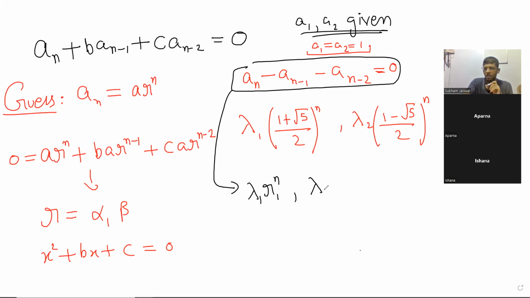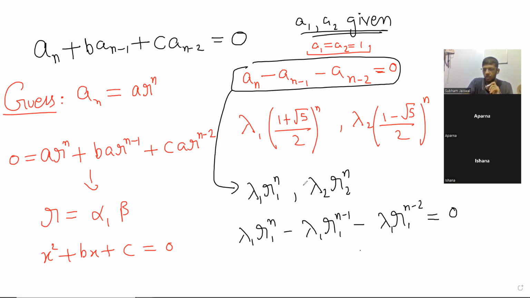And let's say there is some other solution, two solutions. Then the sum of these two will also be a solution. You can just check. So if we have r1 to the power n minus 1 times lambda 1, this satisfies. This one also satisfies. You can simply add them component wise.